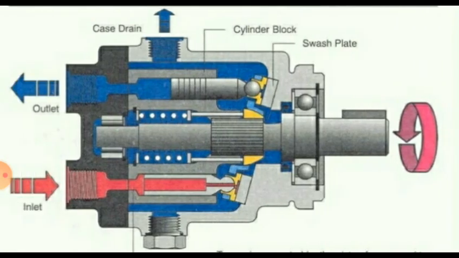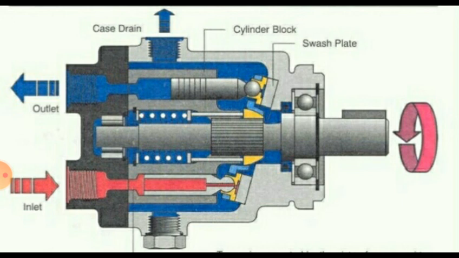In this, the fluid is forced into the cylinders and drives the piston outwards. The piston pushing against the rotor causes the cylinder block to rotate. In the diagram, three pistons are shown for simplicity of understanding. Normally, it contains 7 or 9 pistons.